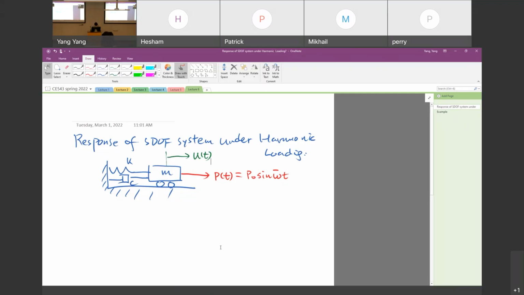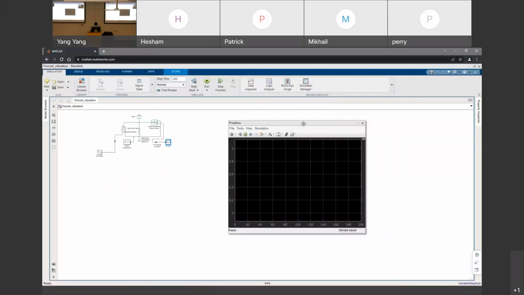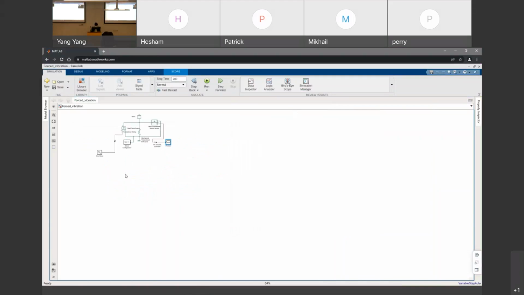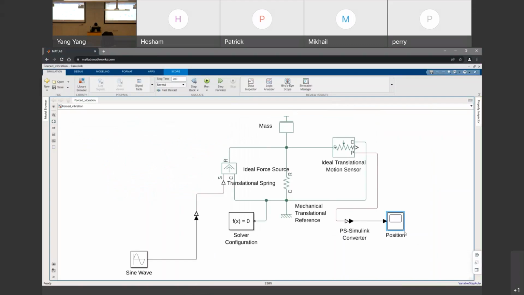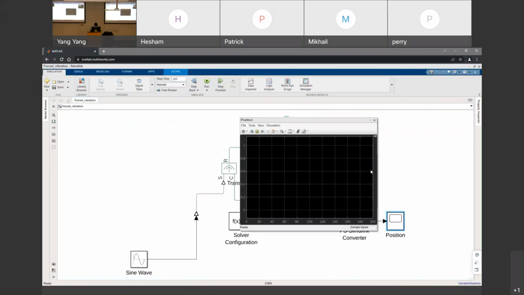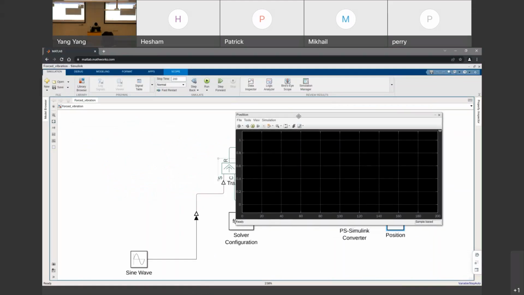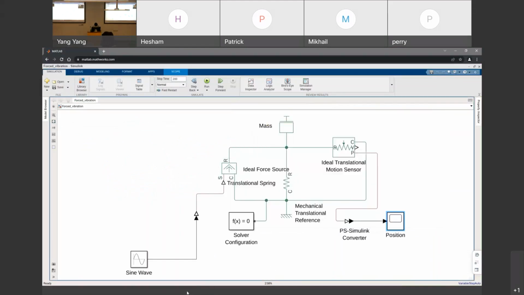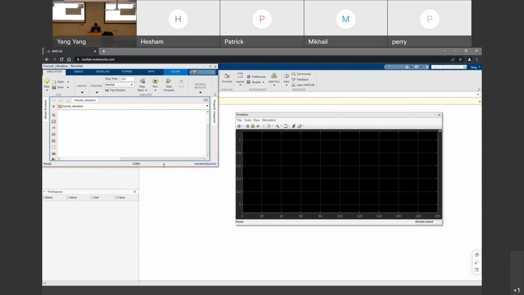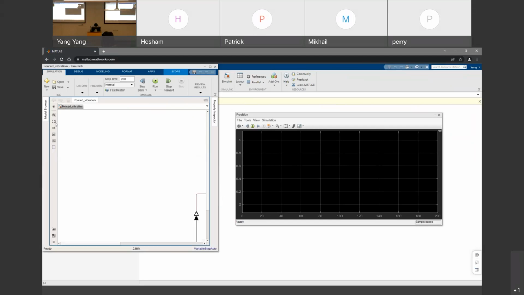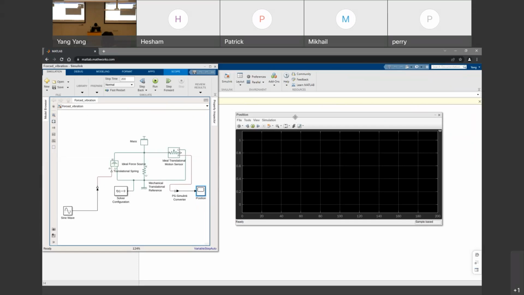So here, actually, using MATLAB, we can simulate the response of a system.